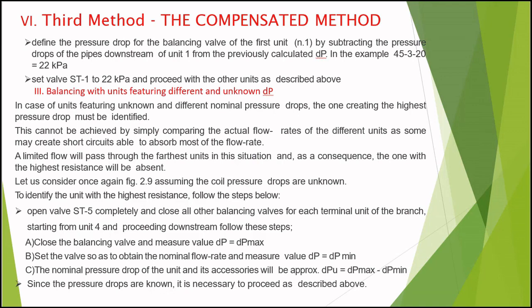Set the valve so as to obtain the nominal valve flow rate and measure the dP equal to dP minimum. The nominal pressure drop of the unit and its accessories will be approximately dPu equal to dP max minus dP minimum. Since the pressure drops are now known, it is necessary to proceed as described above.